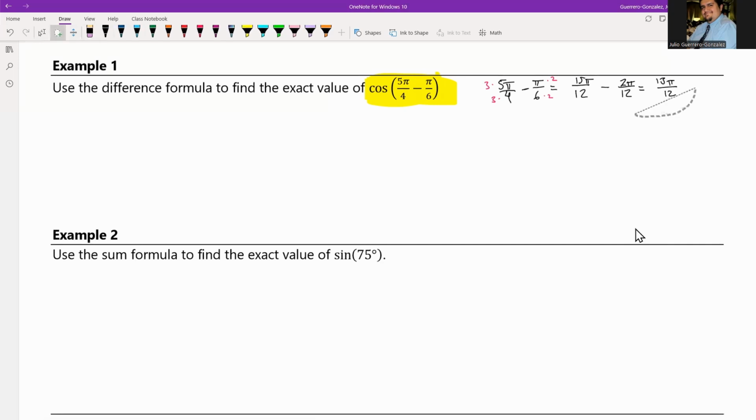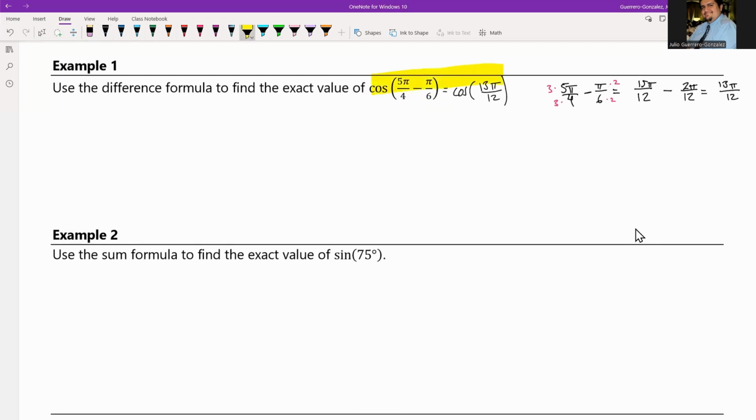I'm going to move this over a little bit because I want to add something in. What we are essentially finding when we do this is cosine of 13 pi over 12. These are the exact same thing because I did the math over there on the right.